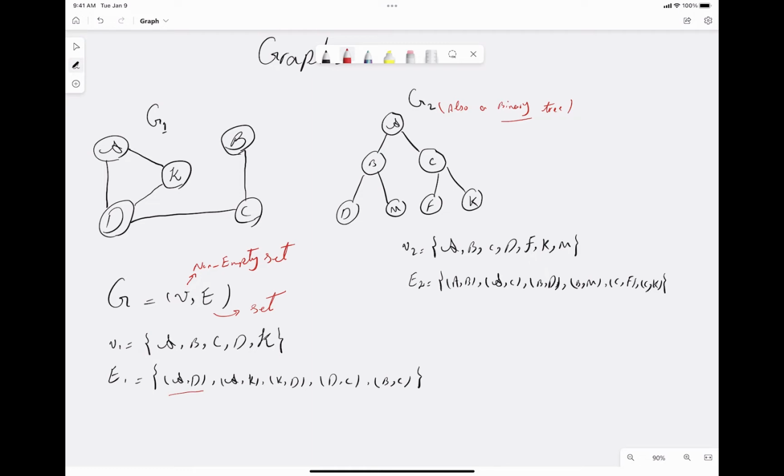There are two ways of showing a graph. One way is to draw the graph, which is easy for graphs with just a few vertices and maybe a few edges.